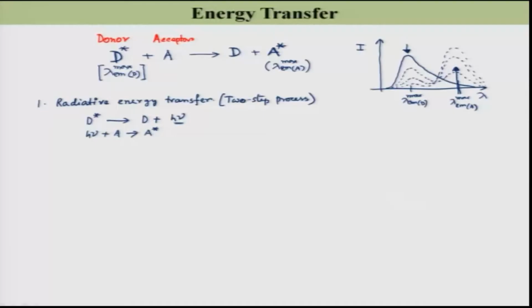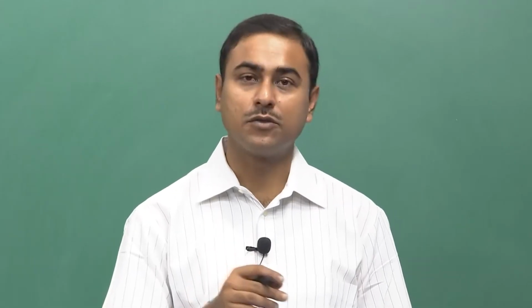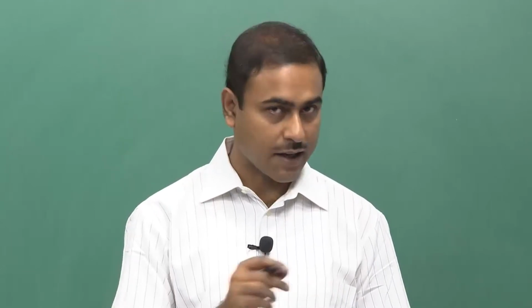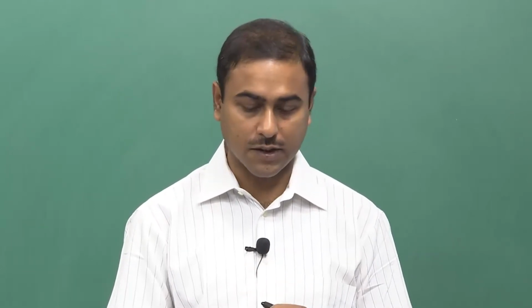If you again look at this diagram, automatically you understand that the emission wavelength of this donor must be very similar to the absorption of this acceptor. So, I can write these three different conditions over here.